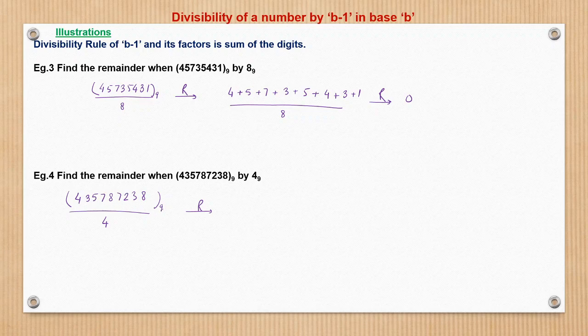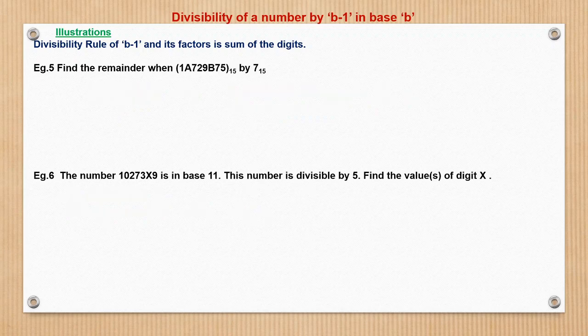Since the divisor is 4, which is a factor of 8, that rule is applicable here too. So we add these digits: 4, 3, 7, 5 is 12, 12, 7 is 19, 19, 8 is 26, 26, 33, 35, 38, 46. 46 by 4, the remainder would be 2.